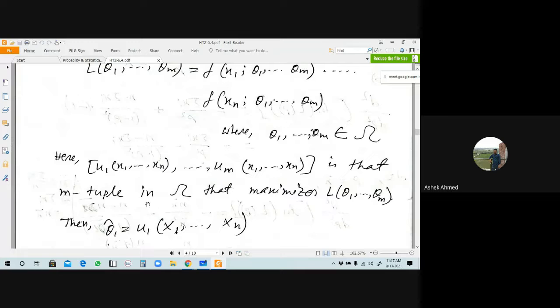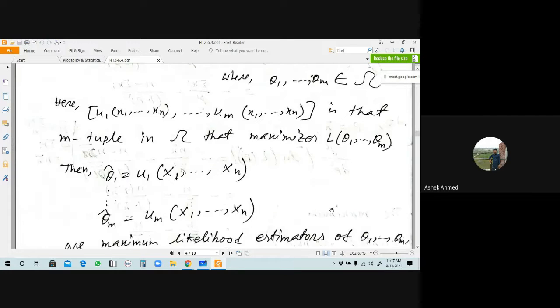M tuple কি, m সংখ্যক কি আছে, কম্পারেন্স, because u1 up to um, how many comparables here, m comparables, এটা m tuple মানে m comparables বুঝেছে, ইন হচ্ছে কত থিটা, এটা ওমেগা। ওকে, so that maximizes L of theta 1 up to theta m.